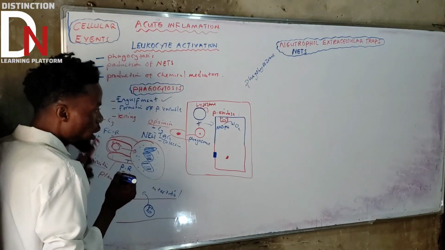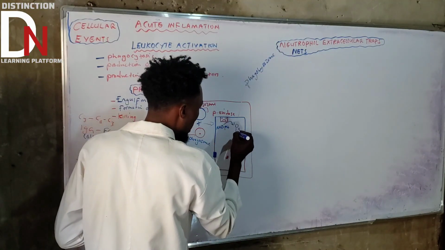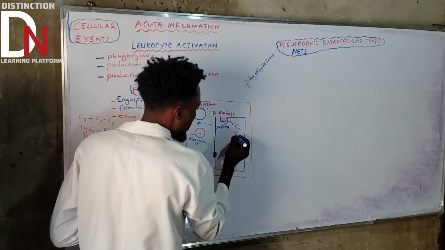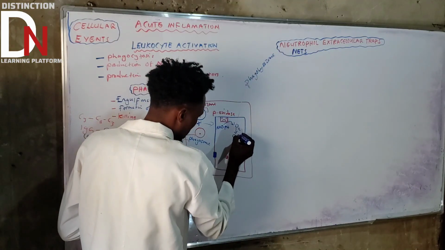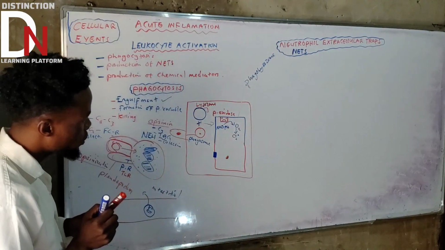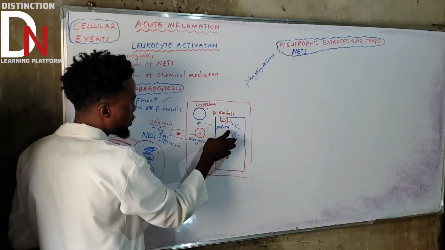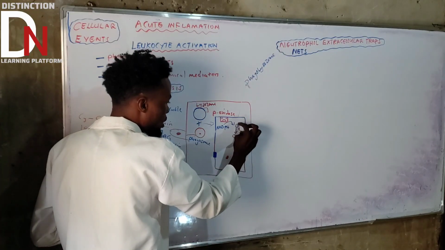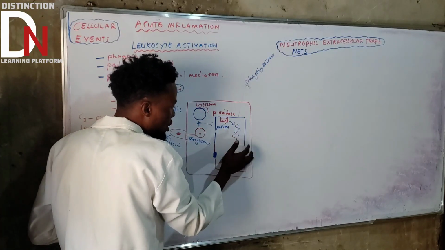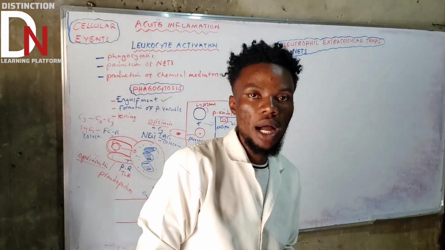Okay, this oxygen spontaneously is going to be converted into another species, with a free electron there. So what do we call this? NADPH is going to be used to produce oxygen, and this oxygen now is going to spontaneously be converted into what we call superoxide.